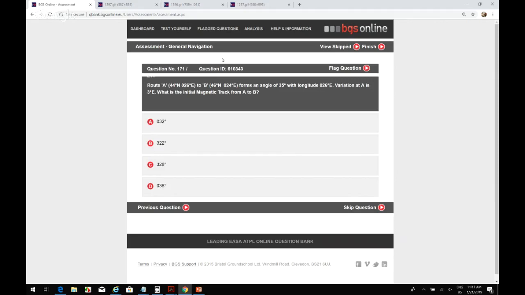It forms an angle of 35 degrees with longitude 26 east. Route A to B goes from 26 east to 24 east. That's westbound, isn't it? Okay, that's the convergence angle. Variation at A is 3 east. What's the initial magnetic track from A to B?